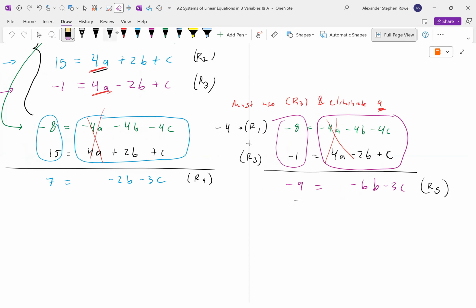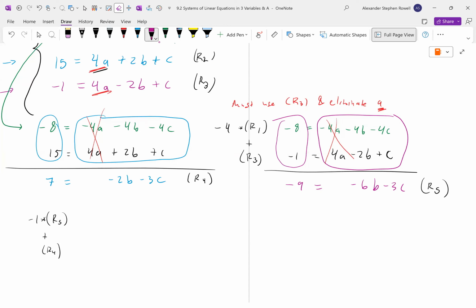Would it be easier to eliminate the b variable or the c variable? C. Okay, and we do that by doing -1 times row 5 plus row 4. There's many ways to do this, right?